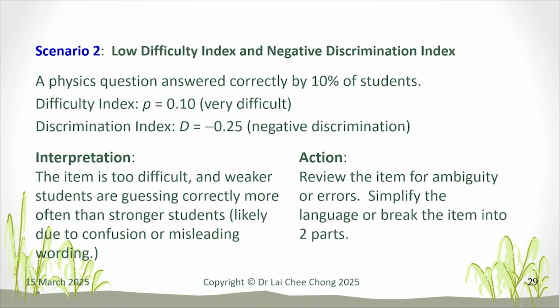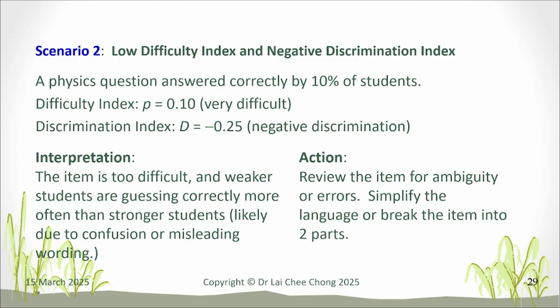That means the low performance group does better than the high performance group. They're just guessing. So the item is too difficult, and the weak students are guessing correctly more often than the stronger students. What's the cause? Likely confusion in the question or misleading wording, because top students tend to be very careful about what they read.